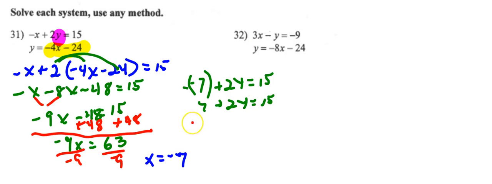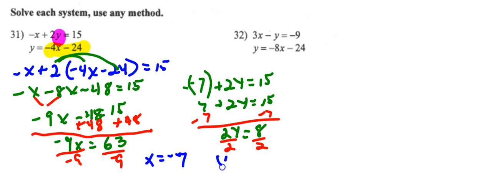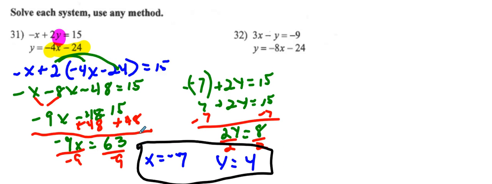And then let's just get that 7 out of there. And now we have 2y equals 8. Got to get y by itself. 2 is multiplied times y, so we're going to divide. And we get y equals 4. And those are our solutions for number 31.